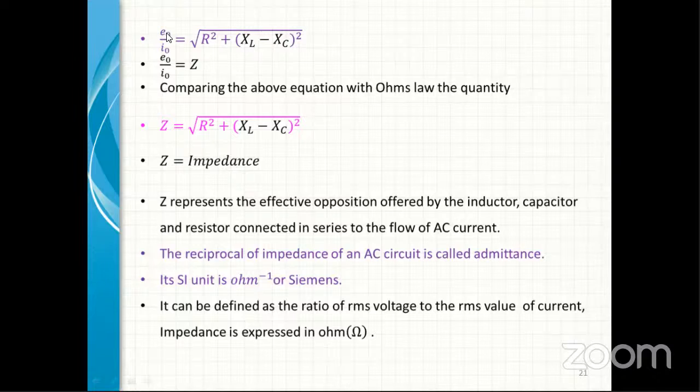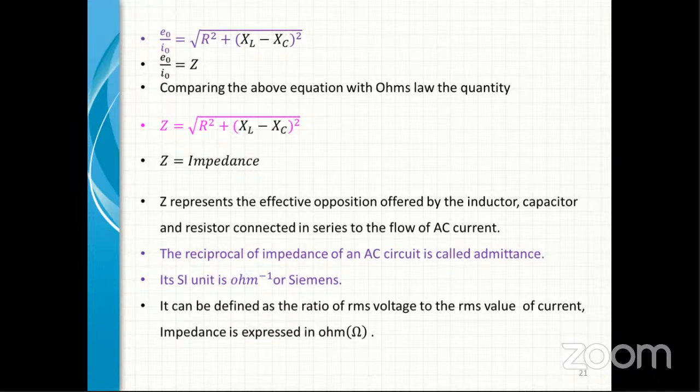See, what is this? This is defined as the ratio of RMS voltage to the RMS value of the current. In this way, when we attach, at a time, inductor, capacitor and resistors in a circuit, which is called the LCR circuit, then we obtain the impedance here, and this is a very important equation, that is the impedance.